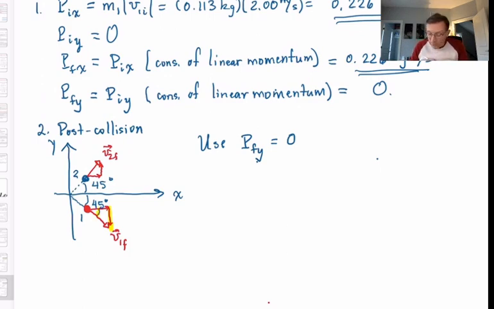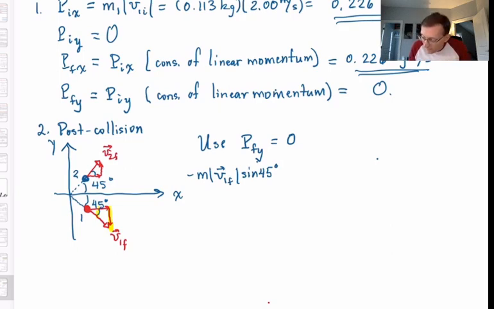So I'm going to write minus m, magnitude of v1 final, sine 45 degrees. That's the y momentum for particle 1 after the collision. It's just m times vy, and vy is negative magnitude v1 final sine 45.